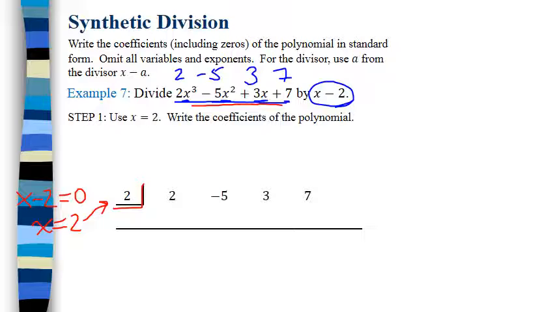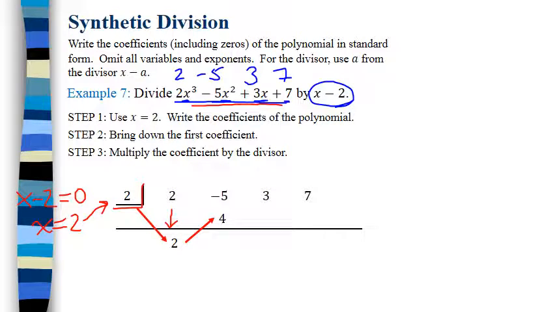So make sure you write these in your notes. The first thing you're going to do is bring down the first coefficient. Then we are going to multiply the coefficient by the value of the divisor, which is 2, because if x minus 2 equals 0, then that means x equals 2 is a root, right?